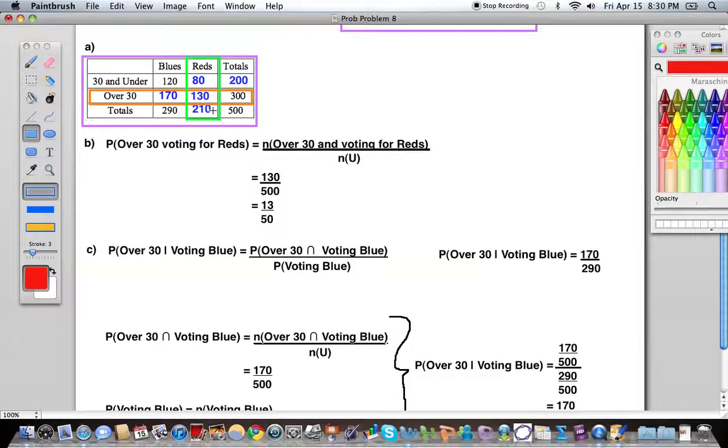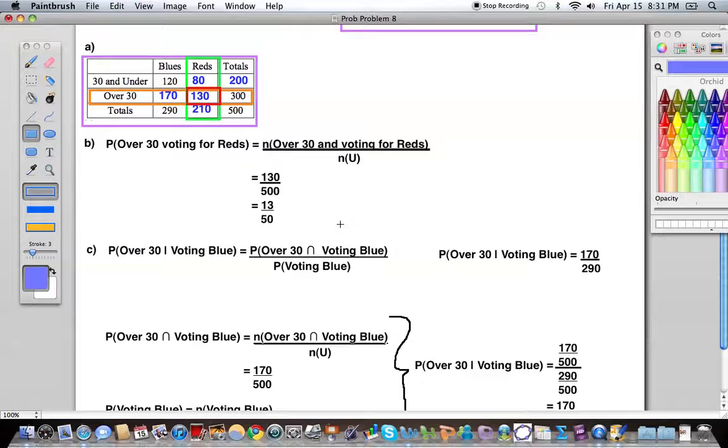We see that right here, both boxes covered, so we know that there were 130 people over 30 who voted for Reds. We take 130, we divide it by our total population, which is 500, and we find that this is equal to 13 over 50.